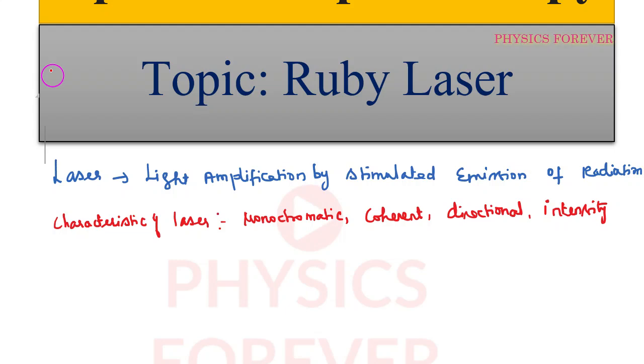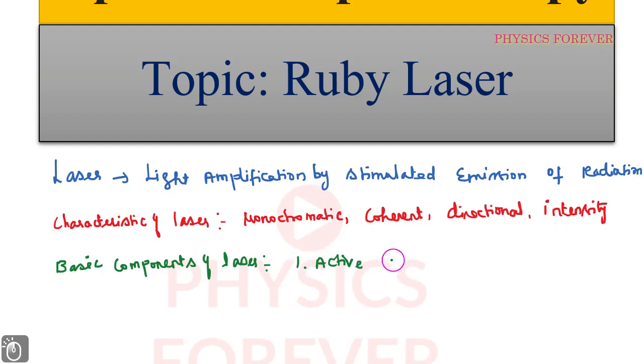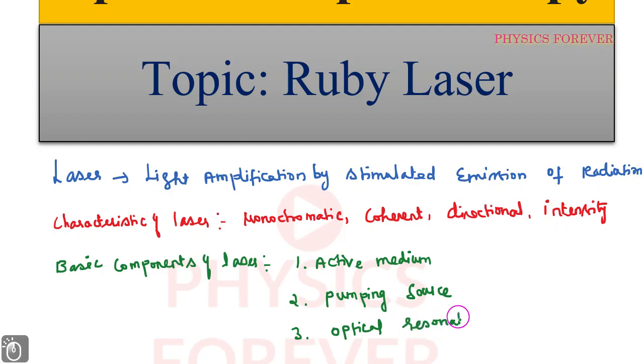So next point, what are all the basic components of laser? That is important. So one is active medium, then second one is pumping source, then third one is optical resonator, that is cavity.